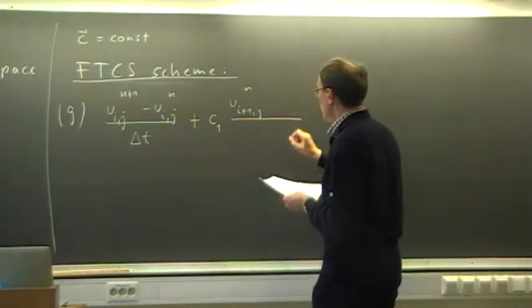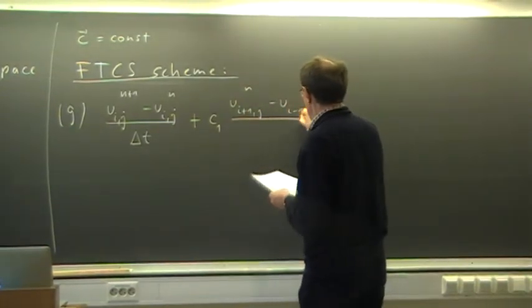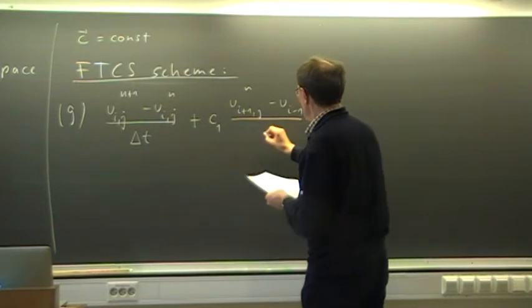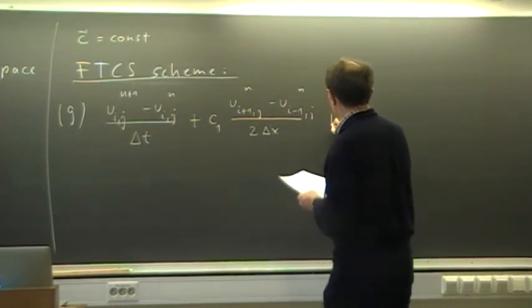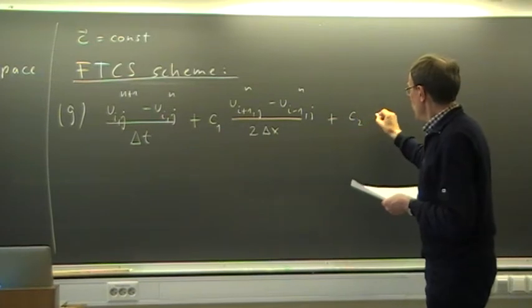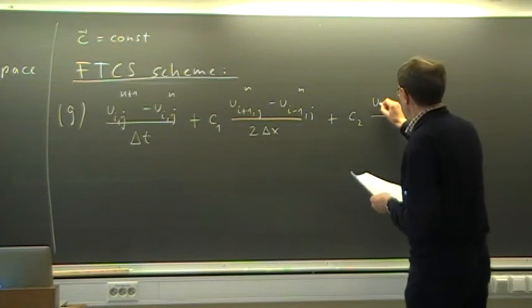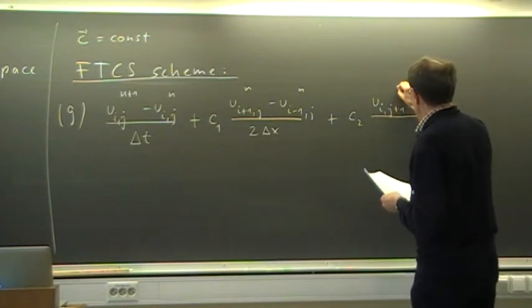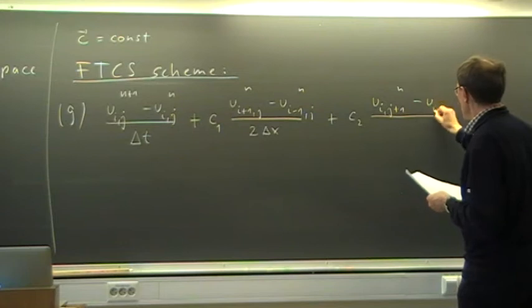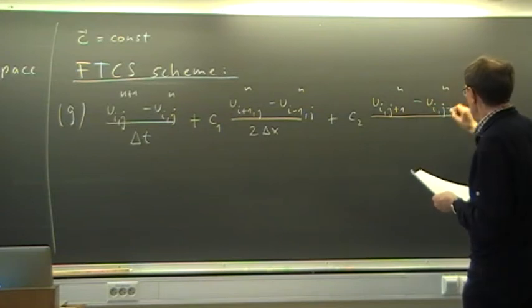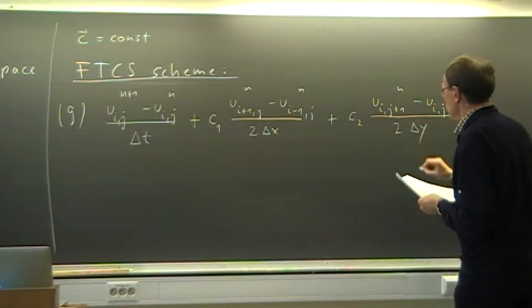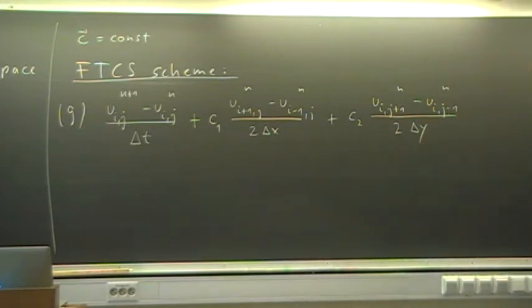We take it at the old time level, i plus 1 minus i minus 1 divided by 2 delta x. Similarly, centered difference approximation of du dy. Then we have the u i j plus 1 at the old time level minus u i j minus 1 at the old time level divided by 2 delta y.